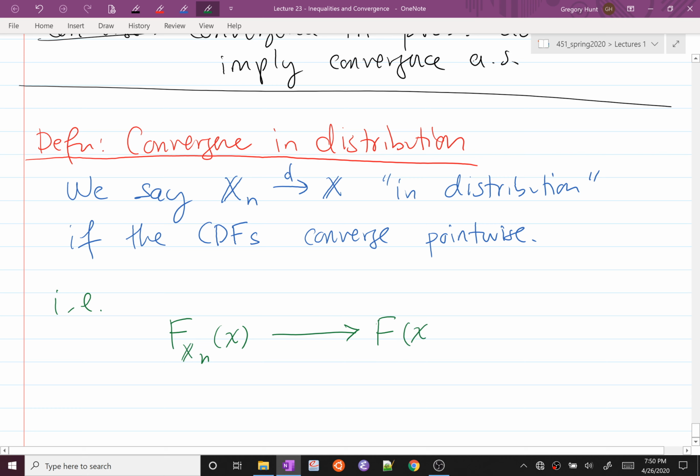And it converges pointwise, that is, I can write it like this for all x. That is the definition of pointwise convergence. So convergence in distribution is the third way, which says that xn converges to x in distribution if their CDFs converge. And next time we'll look at some examples of that.